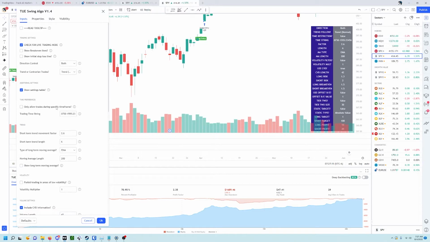You can turn it on, and then you have to deal with this time string. The time string has a very particular format, and it's right here in the tooltips. Time in Eastern Standard Time, syntax as follows: start time to end time, days of week. All right, so days of week right here. This is for Monday, Tuesday, Wednesday, Thursday, Friday.